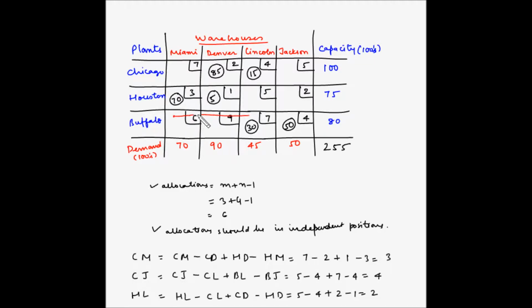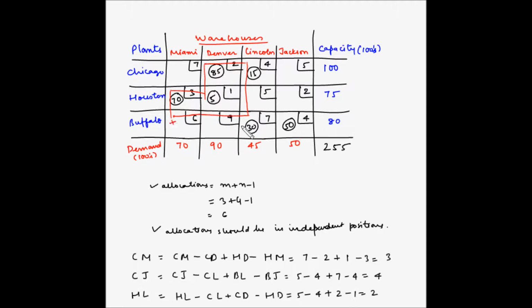So BM to BL to CL to CD to HD to HM and then back to BM, and then alternate plus minus sign.